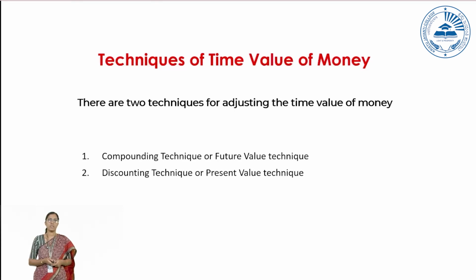The first one is the compounding technique. It is also known as the future value technique. And the second technique is the discounting technique or present value technique. What is compounding? Suppose this year is 2025, and in the year 2025 I am having some amount with me. What will be the value of that amount after 10 years, maybe 2035?